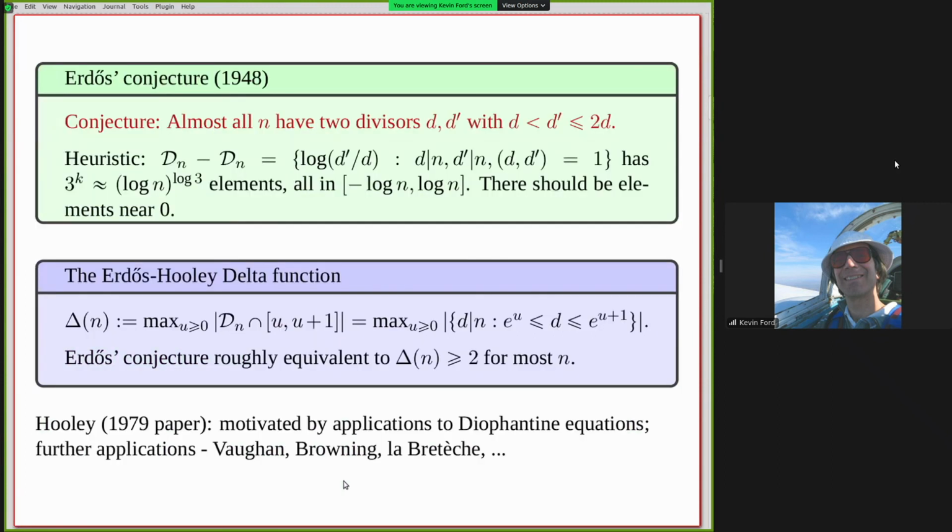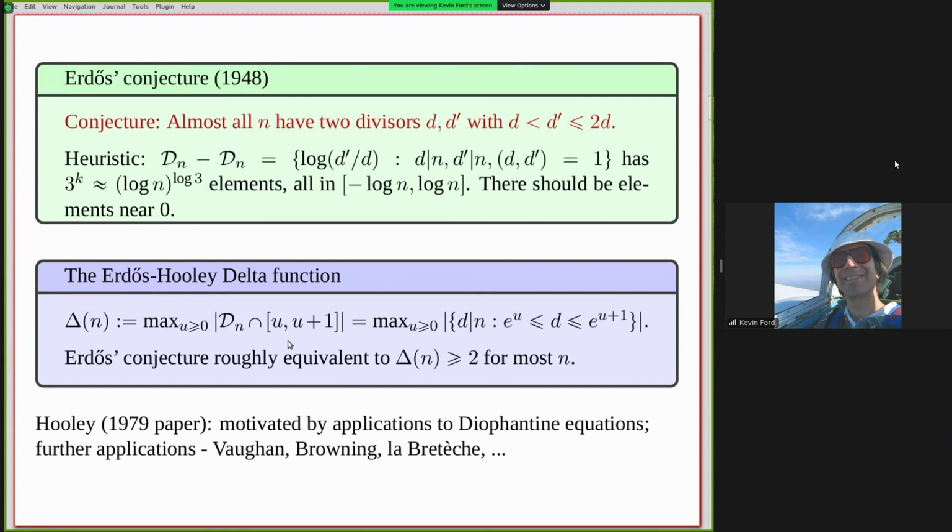Okay, so here's Erdős's heuristic again. In the 1970s, Erdős and Hooley independently invented a concentration function called the delta function.